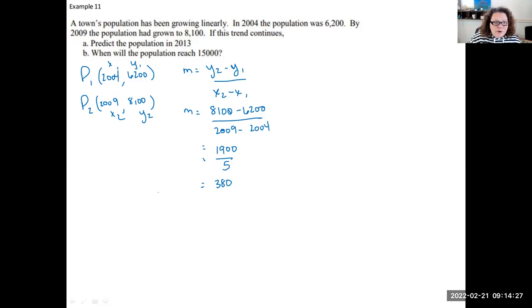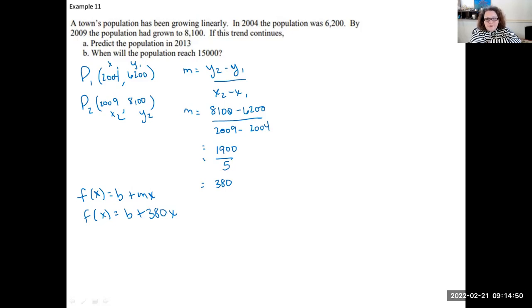Okay, so we're going to need to have a function. Function of x is equal to b plus mx. And right now we know that our m is positive 380. We need to know what the starting value is.